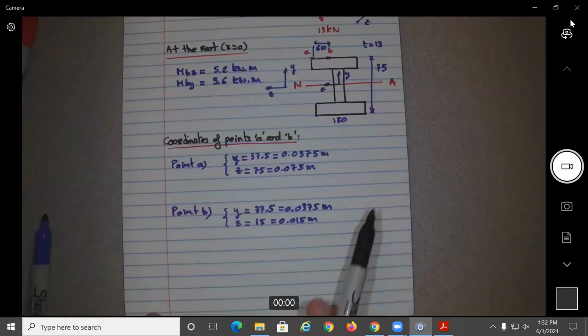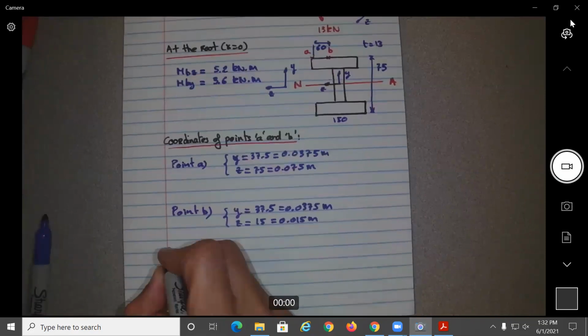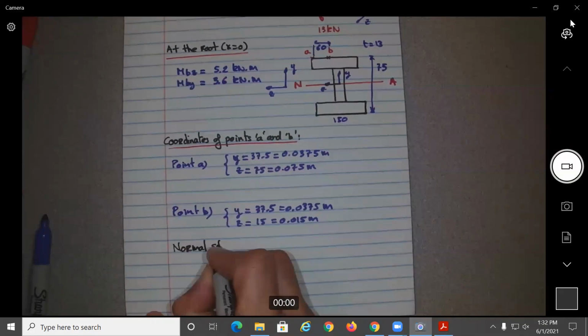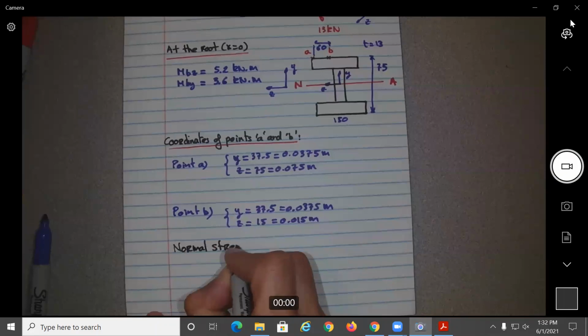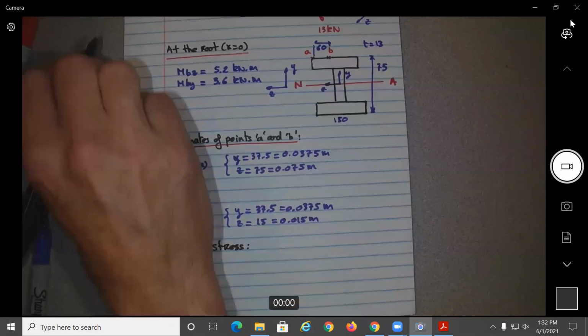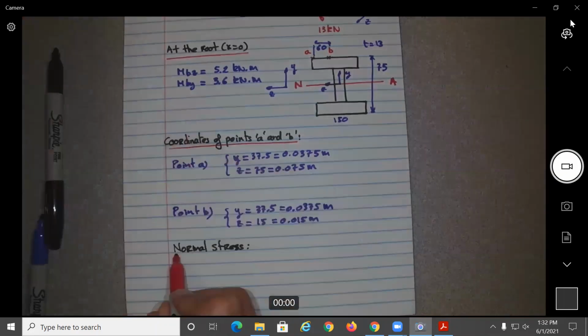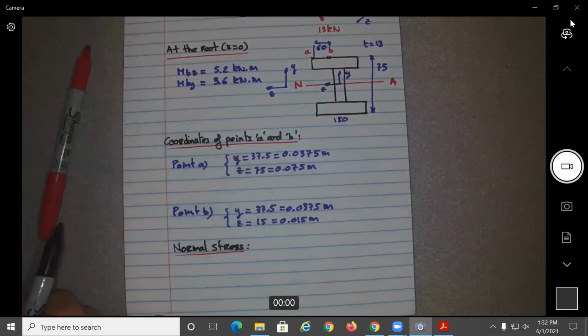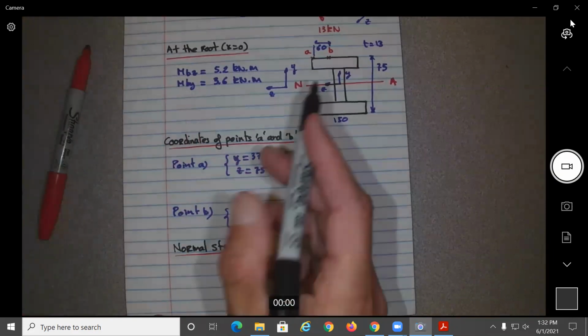So now we're first going to find the normal stress. So the normal stress will be on the X direction.